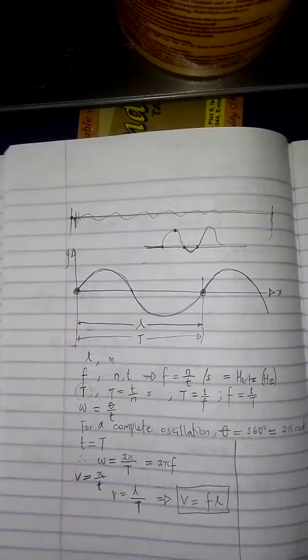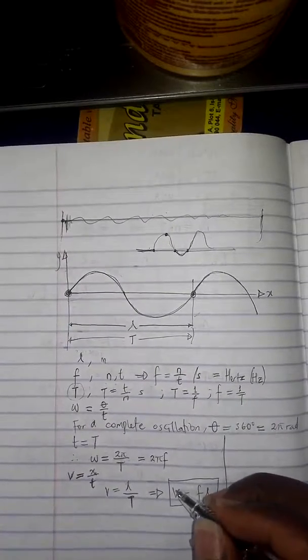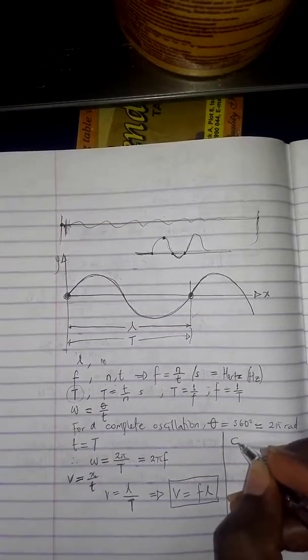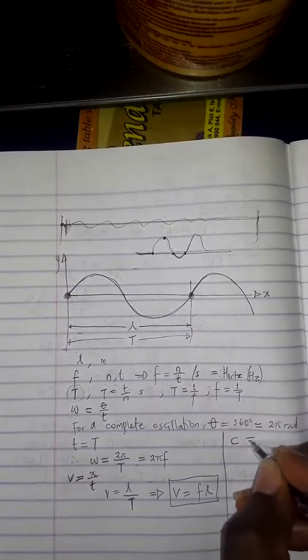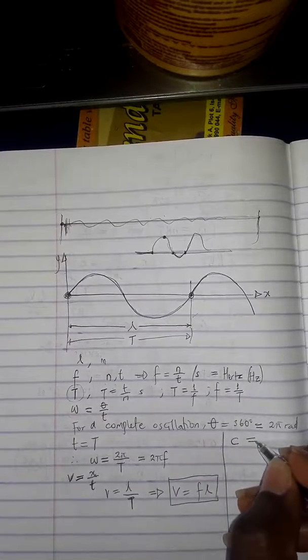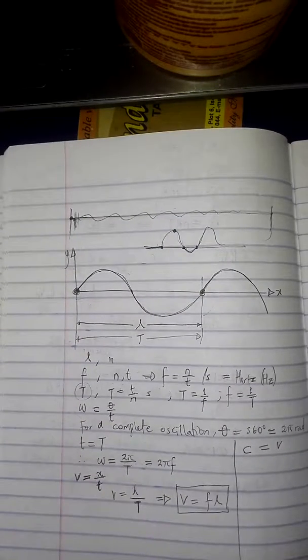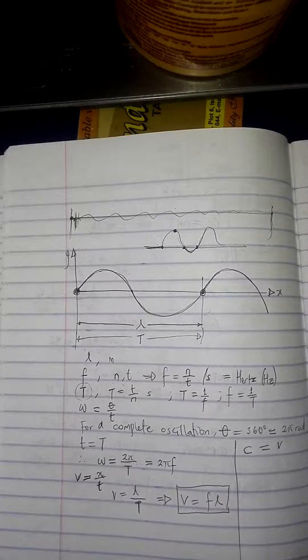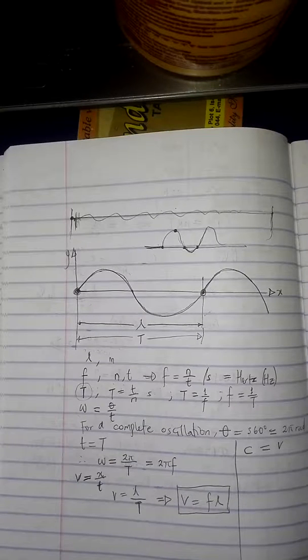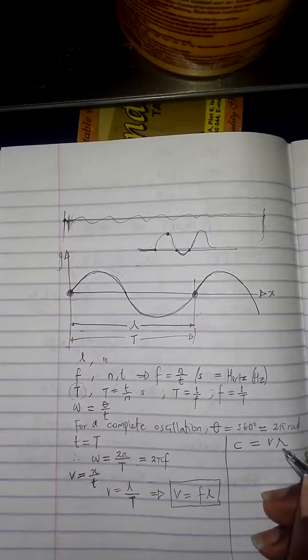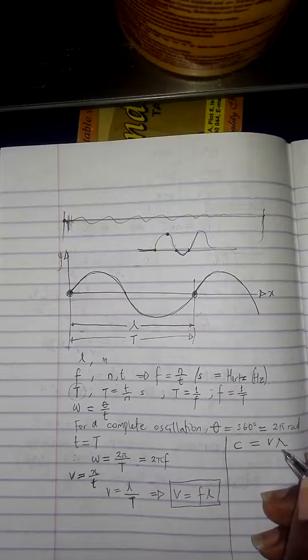Our v is the speed, so the speed of light, c, is equal to f, which in this question is v, times the wavelength, lambda. So we have the relationship already.